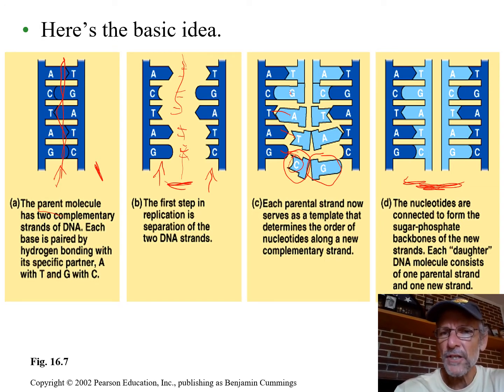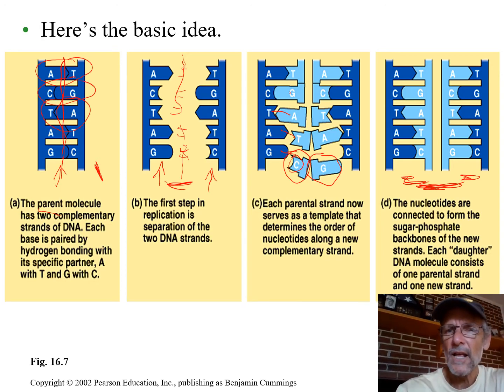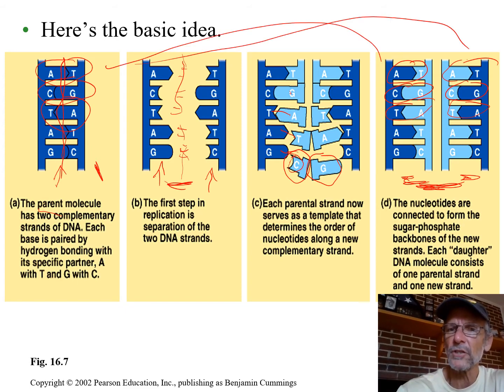If you read each of these from top to bottom, they're just like this one over here, AT, CG, TA, AT, CG, TA. Why is that? Because of base pairing. Base pairing ensures exact replication.